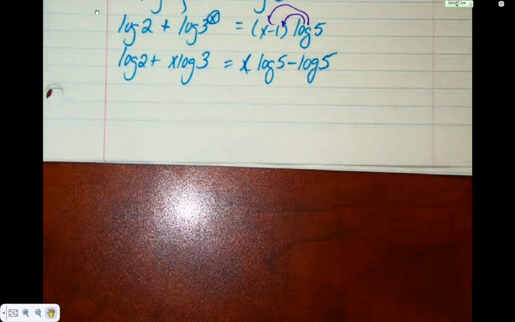At this point, everything's just the same. So what are the normal steps that we do now when we've got stuff kind of hanging out all over the sides? X is onto one side, non-X is onto the other.